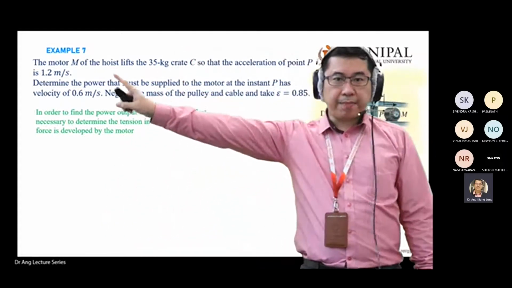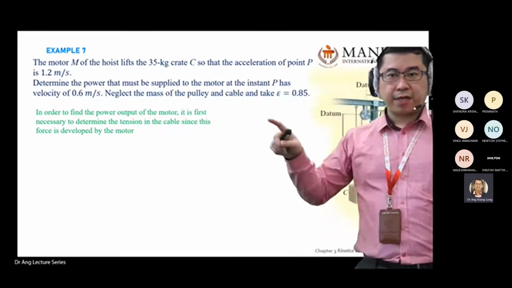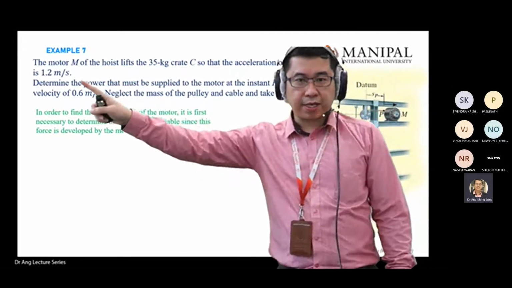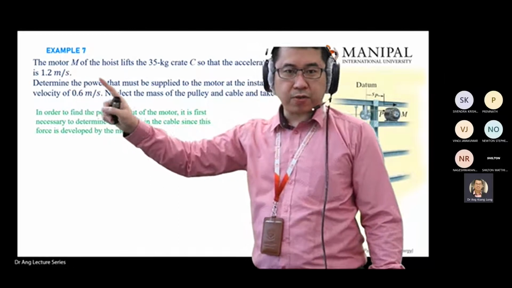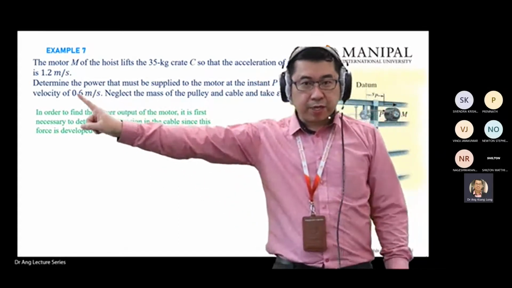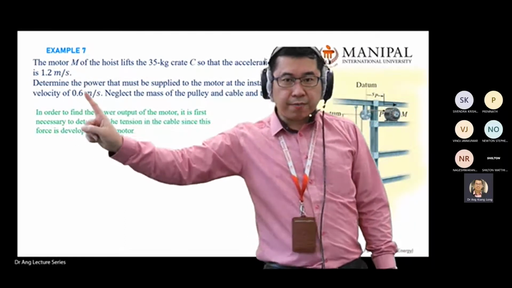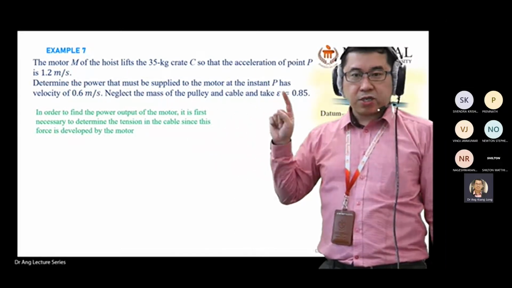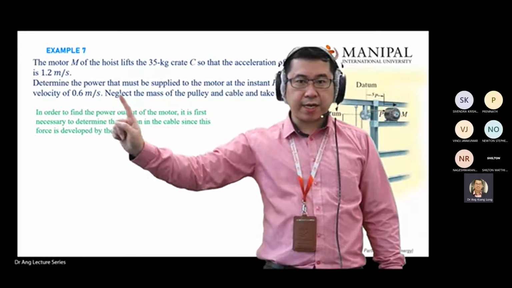Motor M hoists the parcel so that the acceleration of point P is, sorry, I think the unit here is missing, 1.2 meter over second squared, because it is an acceleration. There is a typo in my slides here. Determine the power that must be supplied to the motor at the instant P has a velocity of 0.6 meter over second.